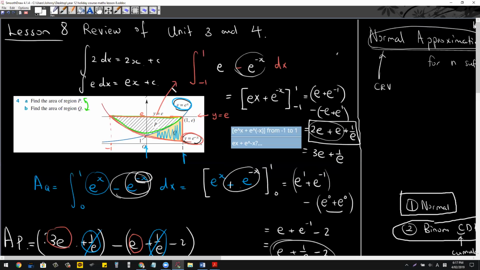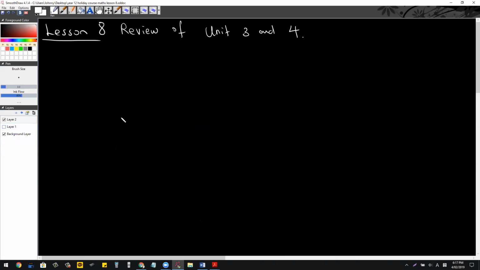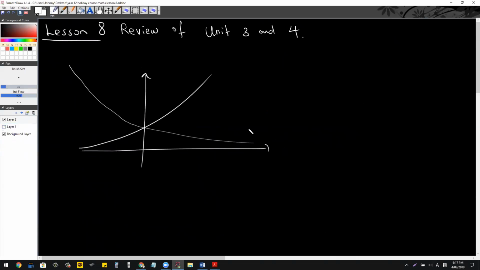Let's think about another way of doing this as well. There is another way. So we have this graph, we have this, and we have this. That's y equals e to the x. So this is y equals e to the power of negative x. And we have this area here.